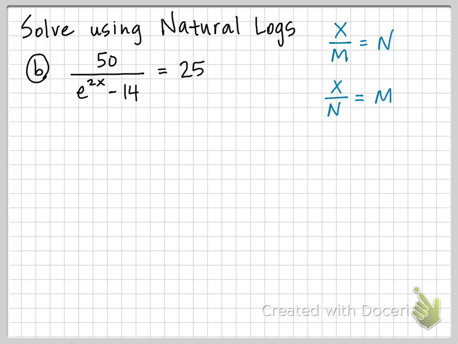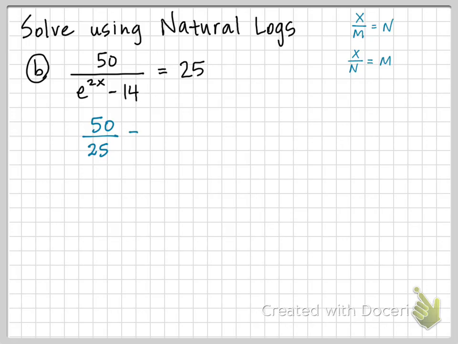I'm going to use this property, however, to now simplify my question that I've been posed with. I see that I have 50 as a numerator and 25 as the equals number. So I'm going to rewrite that and say that I actually have 50 divided by 25 is equal to e to the 2x minus 14.